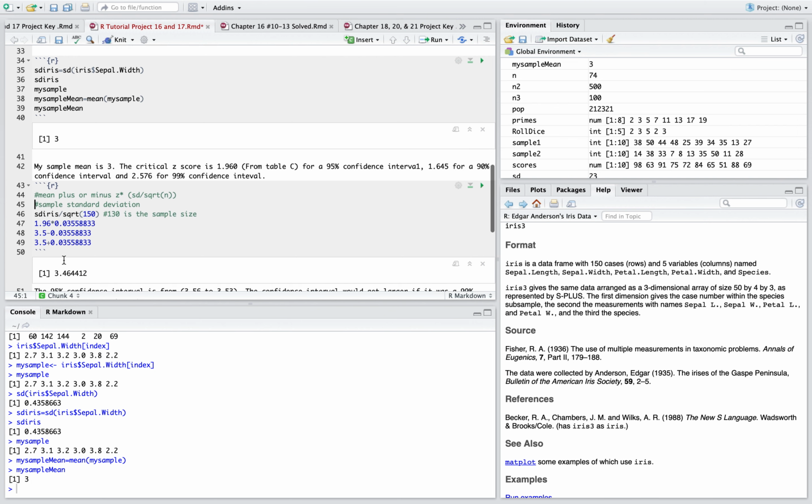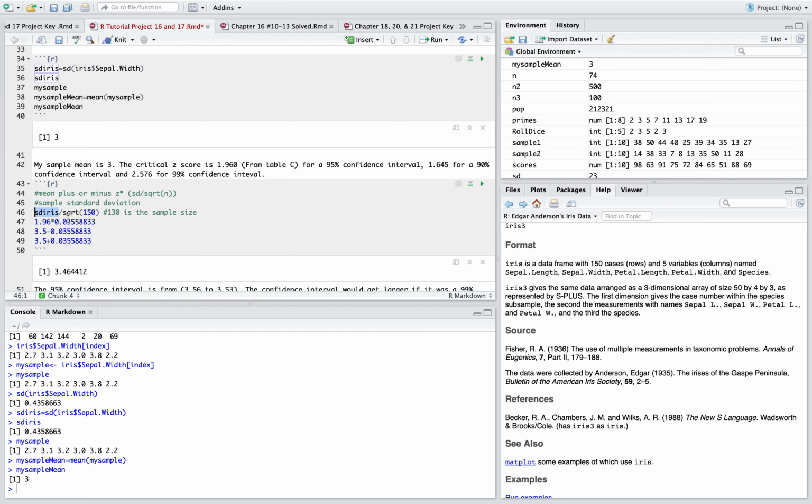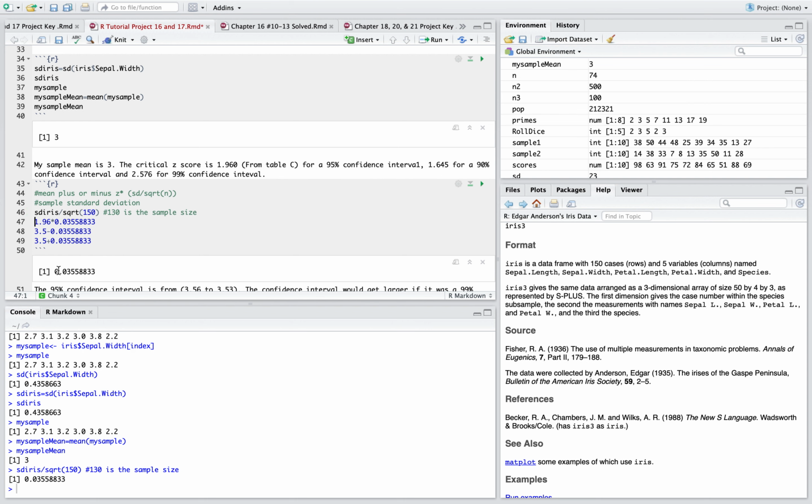So what I did was I took the standard deviation of my iris and divided it by the square root of my sample size, and I got 0.03588. That's our margin of error, right? This part right here we call our margin of error, and I'm going to add that and subtract that from my sample mean. But my sample mean has changed because I ran this program again, so now it's 3.